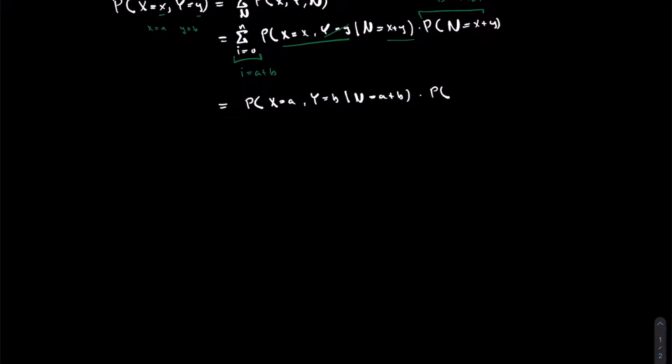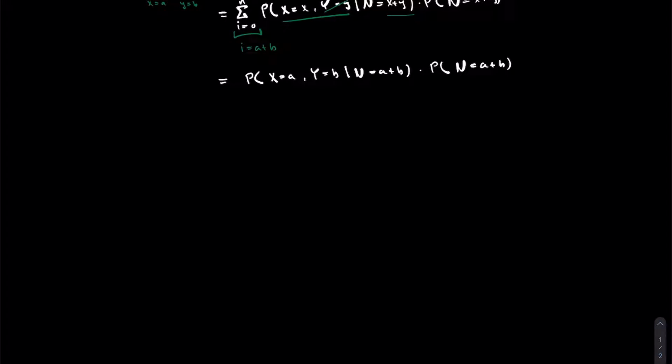The same here, n equals a plus b. Because it's the same event, it's superfluous to write out y here. So we write the probability of x equaling a, conditioning on n equal a plus b, times the probability of n equal a plus b.